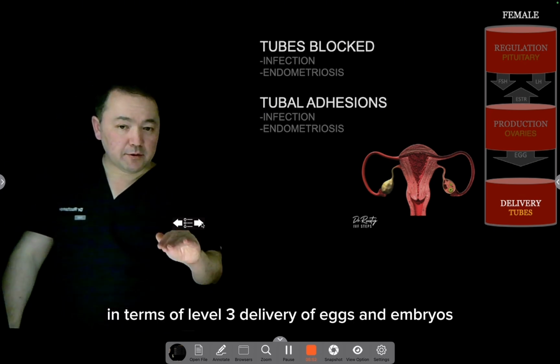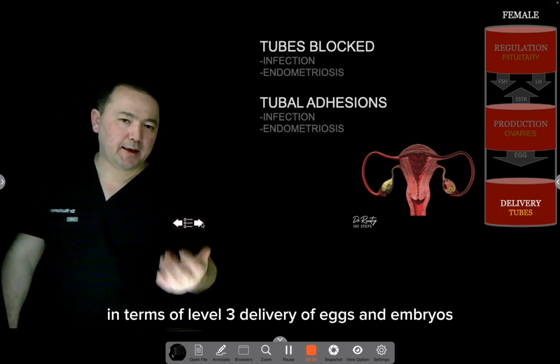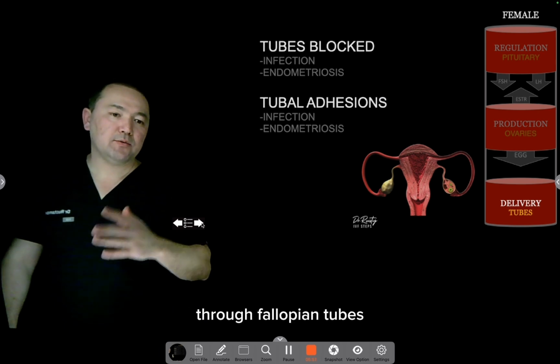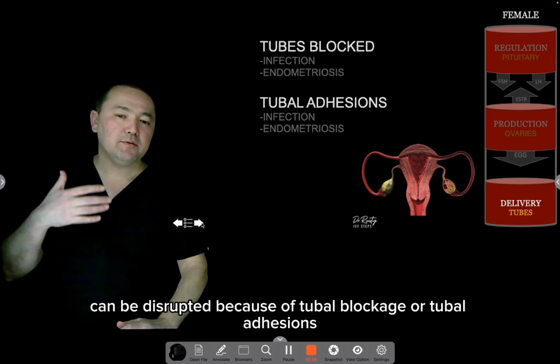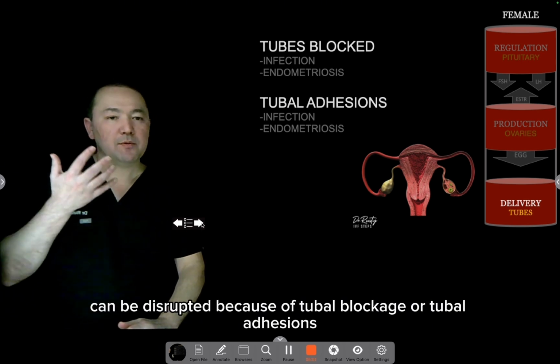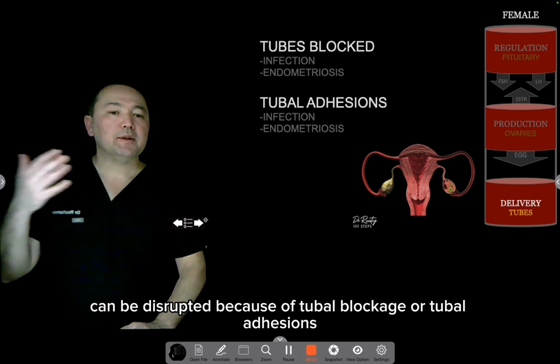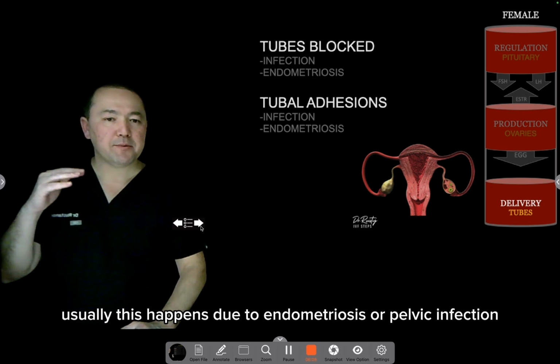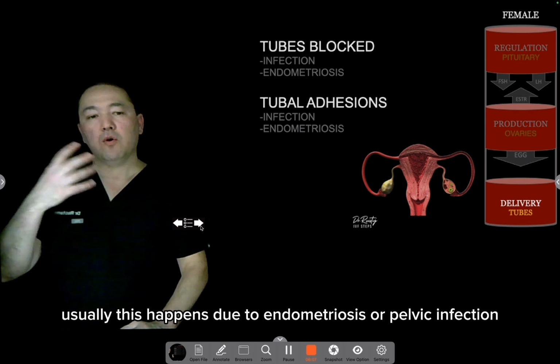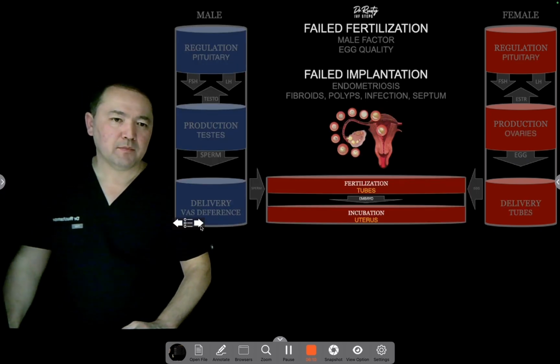In terms of level 3, delivery of eggs and embryos through the fallopian tubes can be disrupted because of tubal blockage or tubal adhesions. Usually this happens due to endometriosis or pelvic infection.